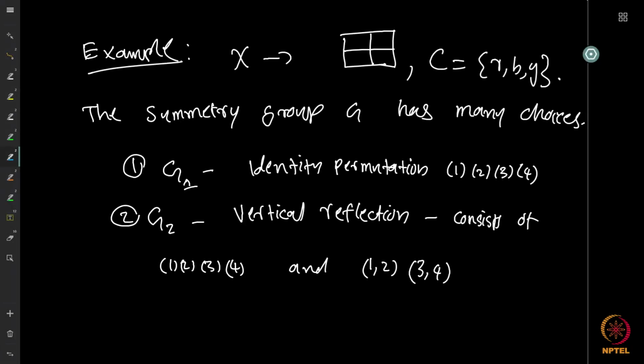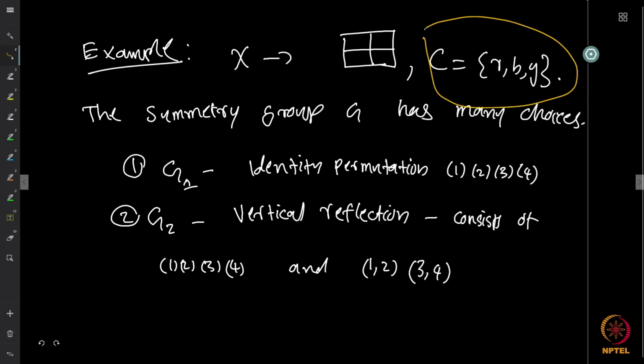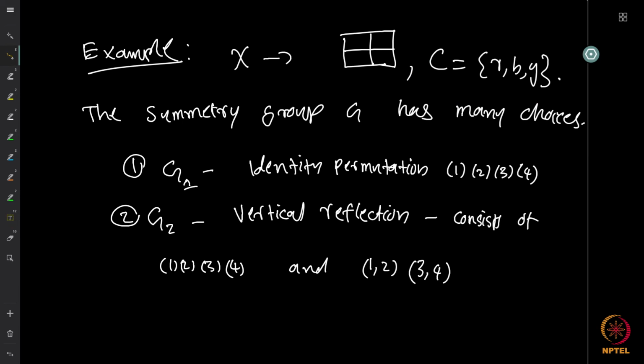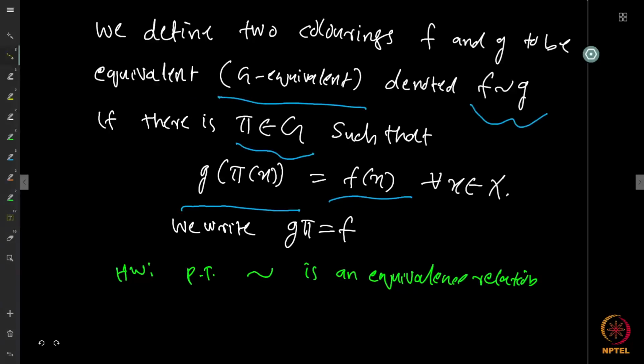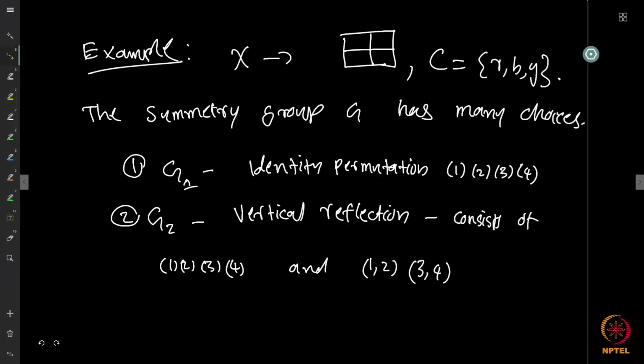Continuing our example, we have the set X, which is the set of these 4 squares, right? And C is the colors R, B, and Y. Now the symmetric group G, right? So we said that G is a subgroup of the symmetric group on all the elements of X, S_X.